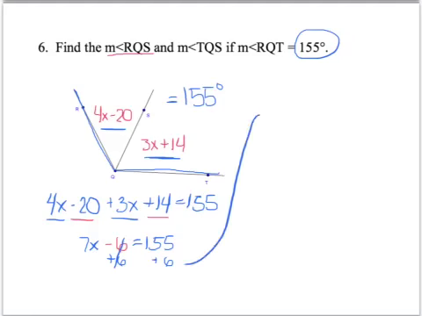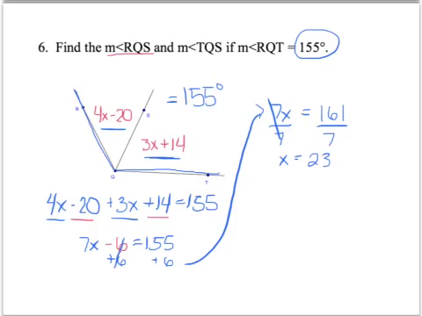I'm just going to continue my work right up here. 7x is now going to be equal to 161. One more step. We have to divide everything by 7. So x is 23.